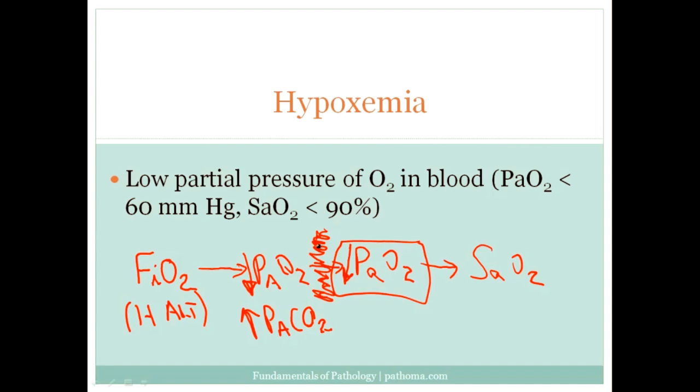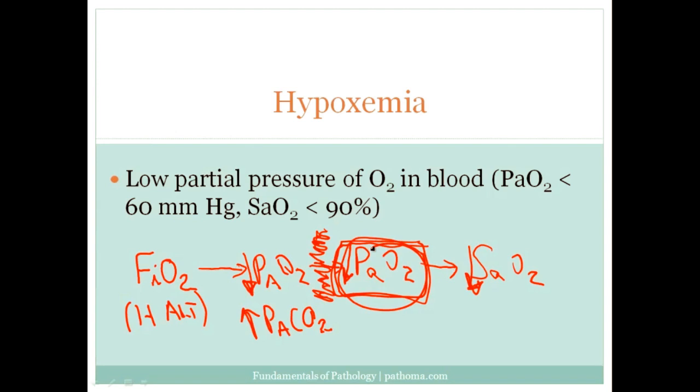So again, I think if you understand the general idea here, it gives you a very good grasp on what we mean by hypoxemia. Now, obviously, anytime the PaO2 goes down, that's also going to decrease the SaO2, because this is the pressure that was creating the SaO2. You can review your oxygen dissociation curves, and you'll see that to be true as well.